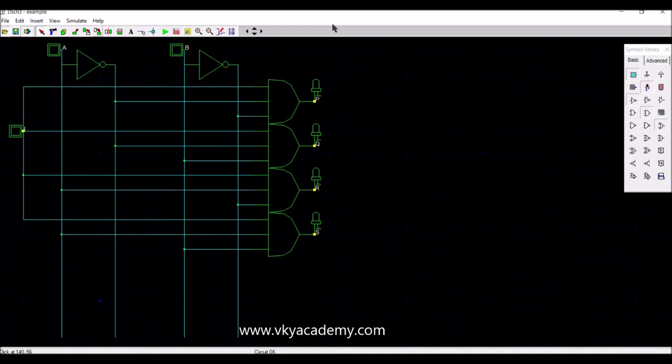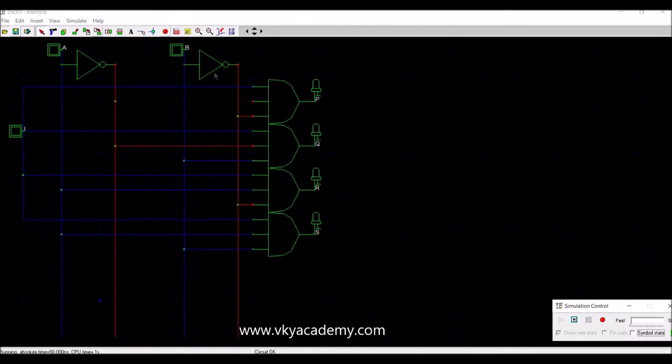Now let us simulate this design. Now the selection line is 0, 0. Now look here. When we supplied 1 at the input, it can be seen at the output P. Now provide the second selection line 0, 1.